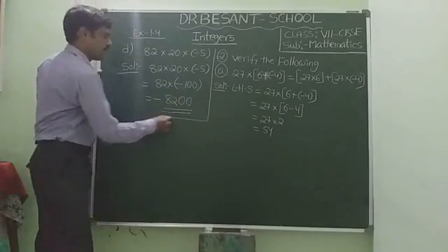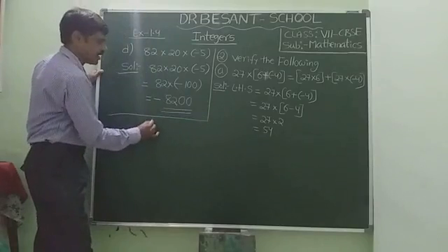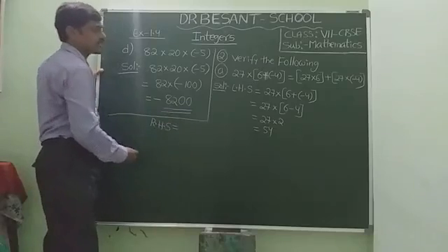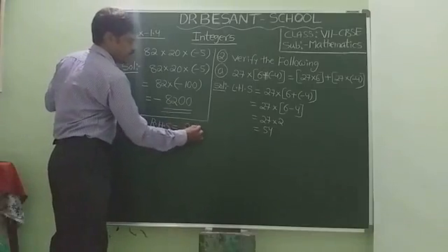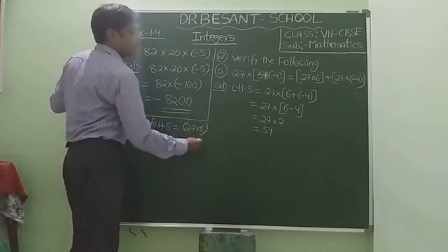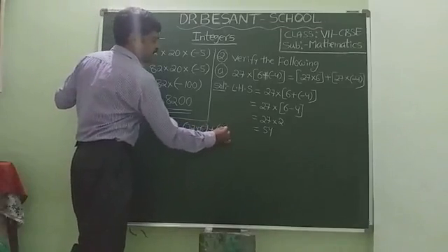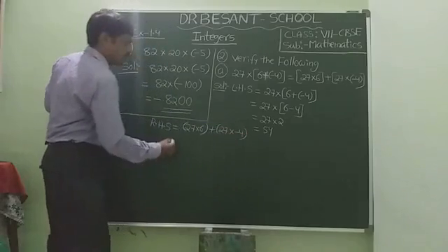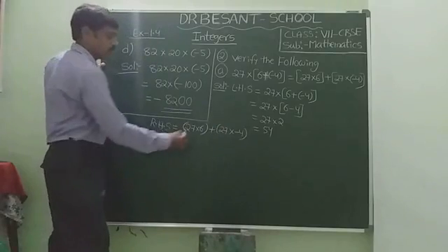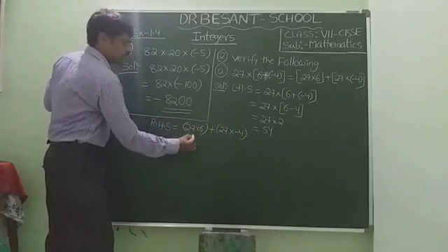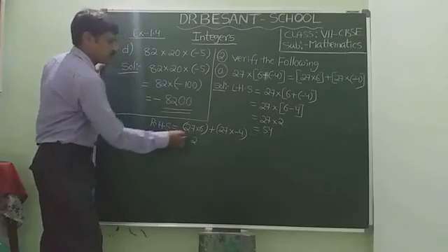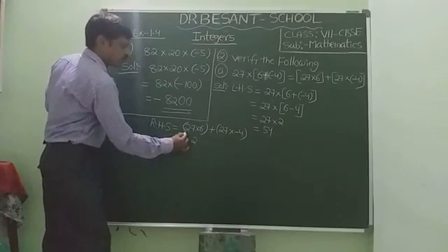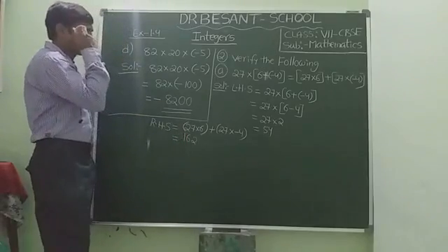Now find RHS. Here I am writing RHS. RHS is equal to 27 into 6 plus 27 into minus 4. Okay, children. Now 27 into 6: 6 7s are 42, 6 2s are 12, 12 plus 4 is 16, so 162.